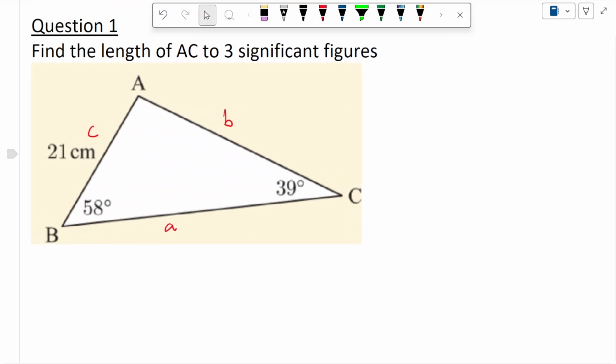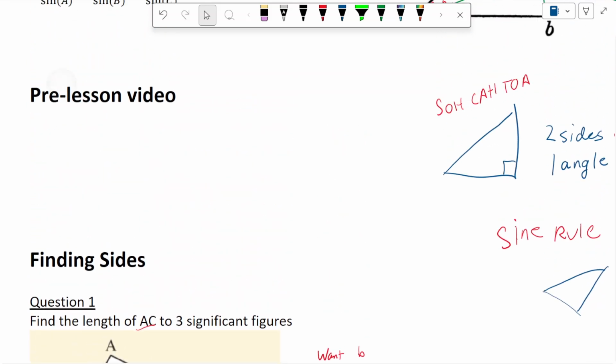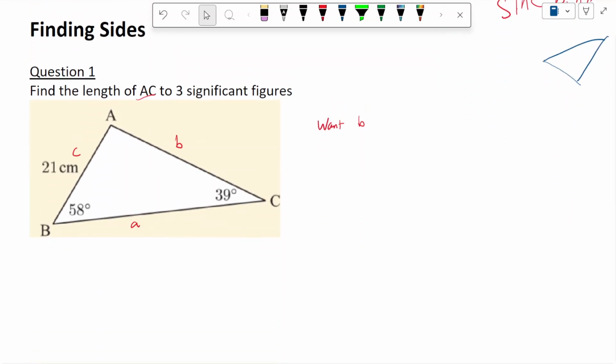Okay, so we're trying to find the length of AC. What we want is actually that little b, because that's the line from A to C there. And we've got 3 other things, so we need to use one version of the sine rule. We don't really care about this A or this A because it's not an angle or length we have, and it's not something we're looking for either.